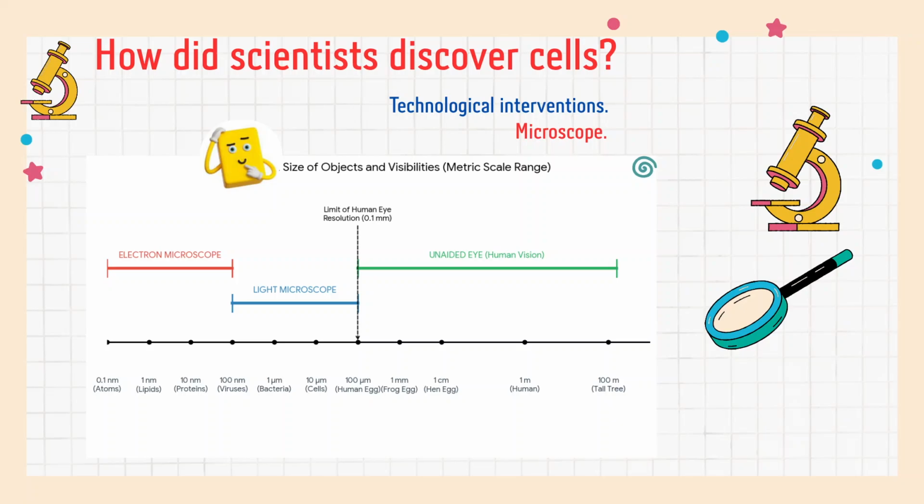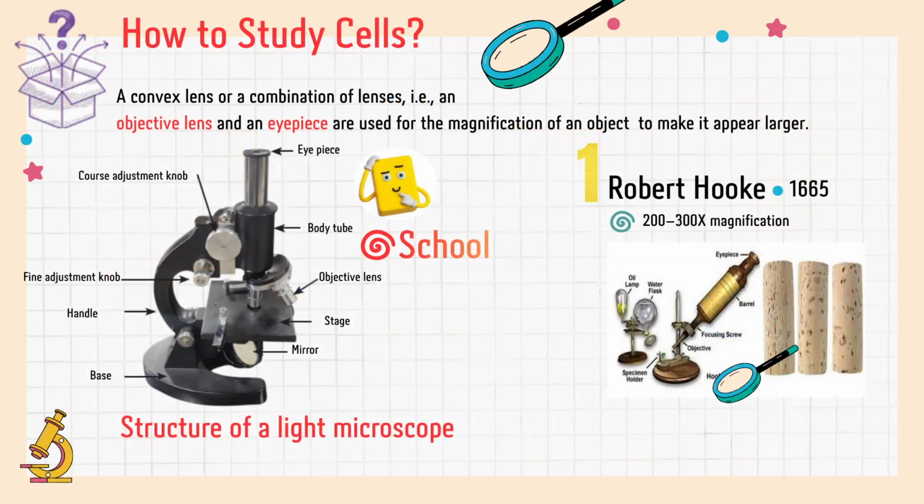The trees, the hen eggs, etc. can be viewed by the naked eye. But the electron microscope helps us to view atoms, lipids, proteins, etc. While the light microscope, that is less powerful than the electron microscope, helps us to view bacteria, virus, etc. Using convex lenses, scientists learned how to magnify tiny objects and reveal an entirely hidden world.